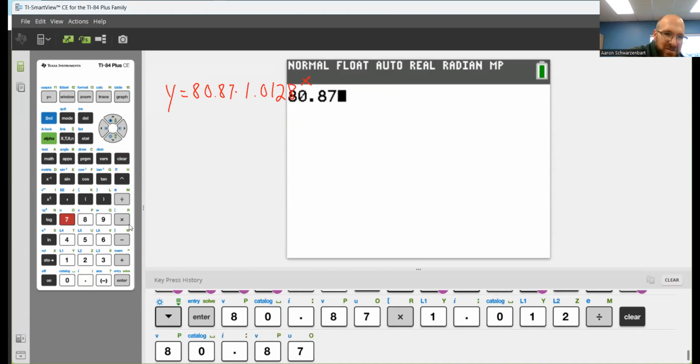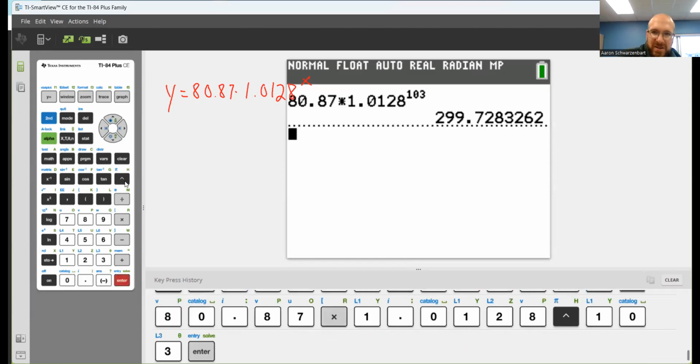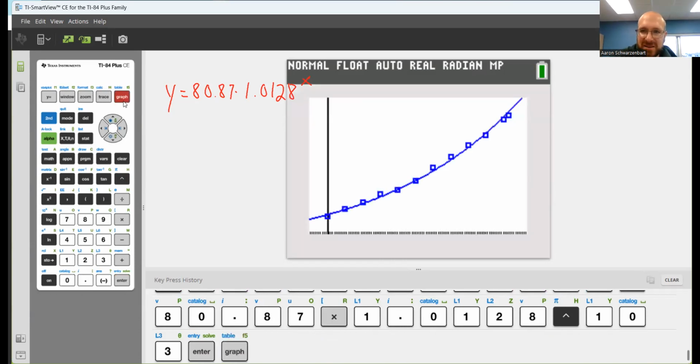I didn't mean to start over. To the power of, it asked me to predict 2003, which is 103, and I get 299.72, which is a little higher than 290.8. I can look at the graph again because now it should have the line on it. We can see I'm just a little over my dot. So that looks like my prediction was correct.